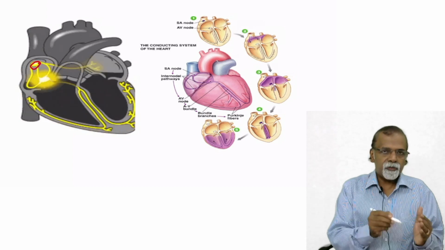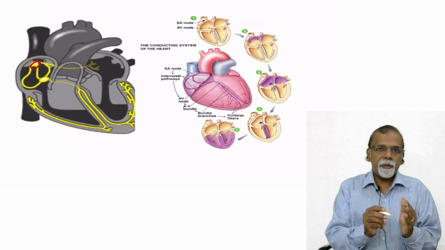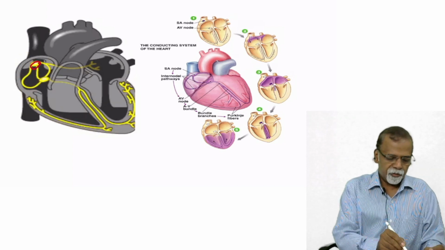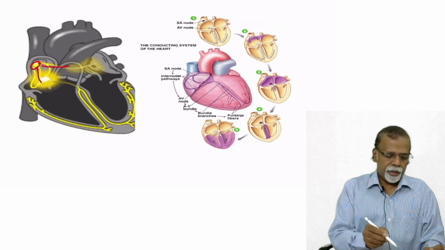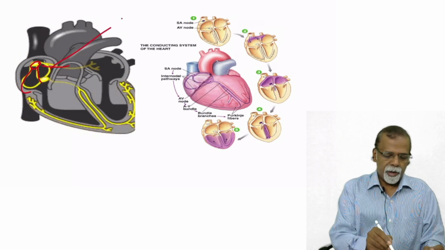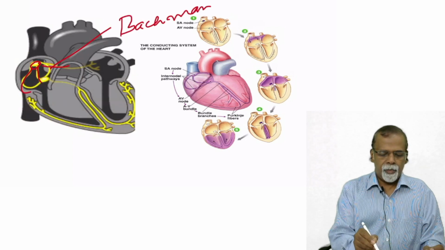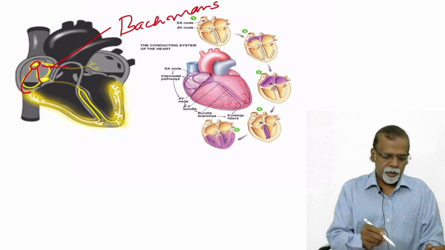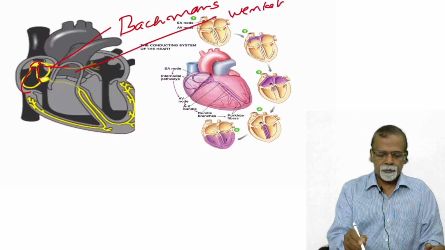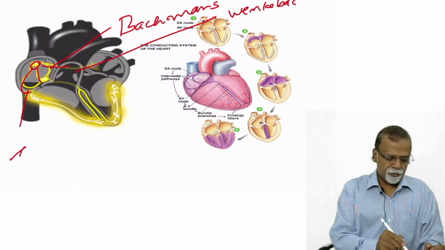The impulses formed by the SA node are transmitted by three specialized pathways: an anterior pathway, a middle pathway, and a posterior pathway. The anterior is called Bachmann's bundle, the middle is the Wenckebach bundle, and the posterior is the bundle of Thorel.